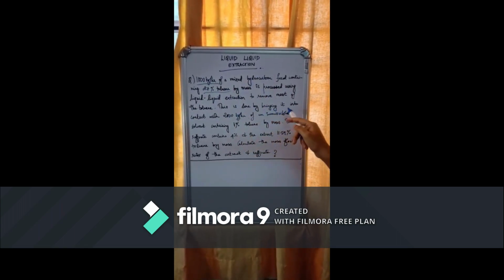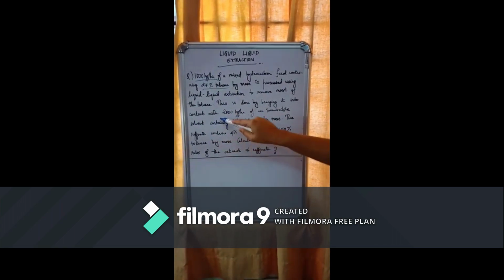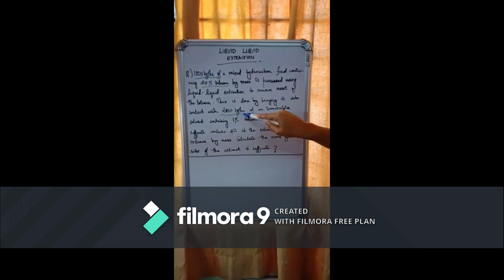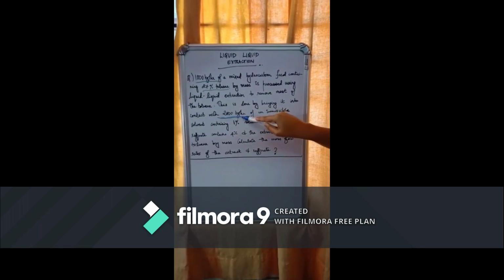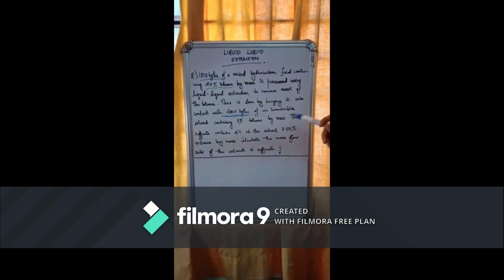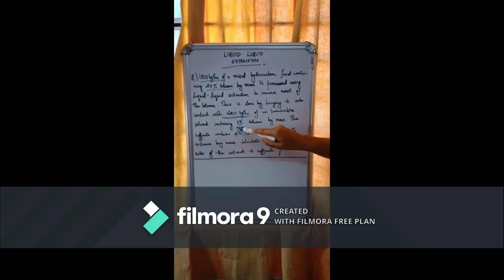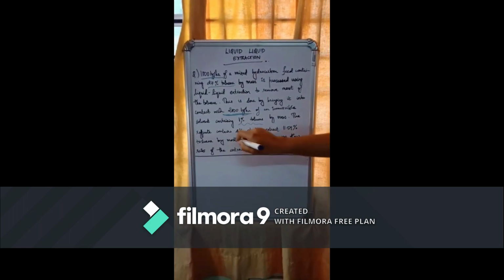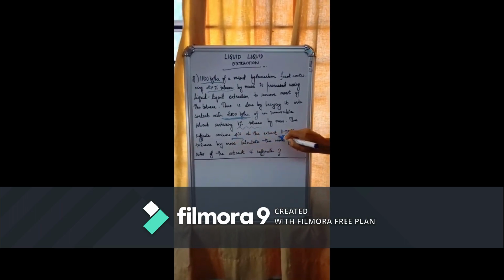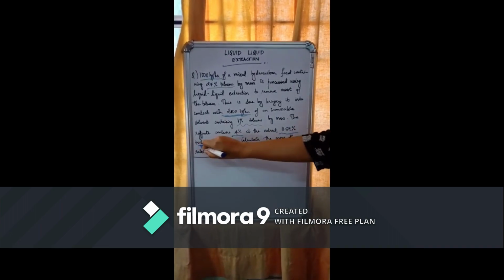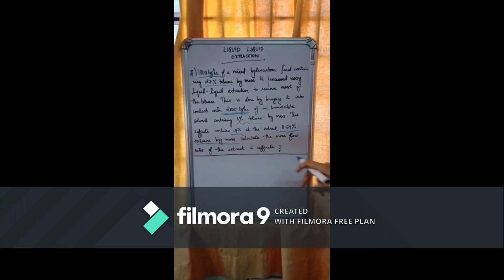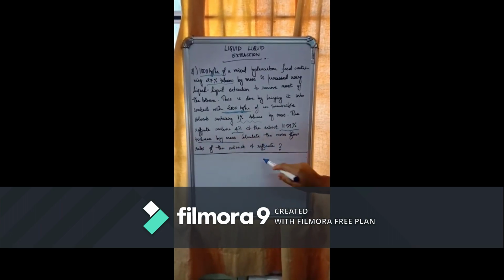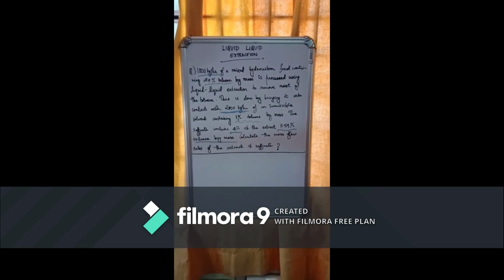This is done by bringing it into contact with 2000 kilogram per hour, the mass flow rate of the organic solvent, of an immiscible solvent containing 1% toluene by mass. Raffinate contains 4% and extract 11.59% of toluene by mass. We have to calculate the mass flow rates of the extract and raffinate.